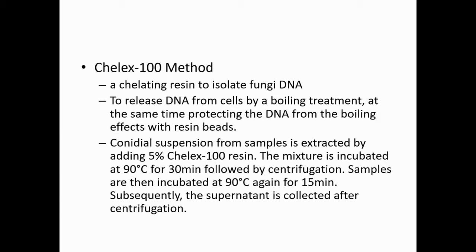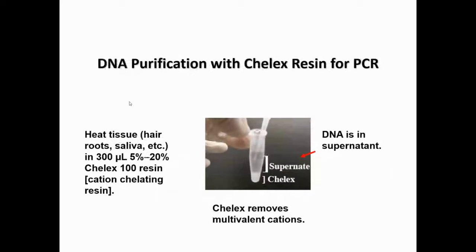So it's like a binding? 90 degrees will not break the DNA, because the phosphodiester bond, the covalent bond, is very strong. 90 or 100 degrees will not be hot enough to break the bonds. Okay, it's the Chelex 100 method.